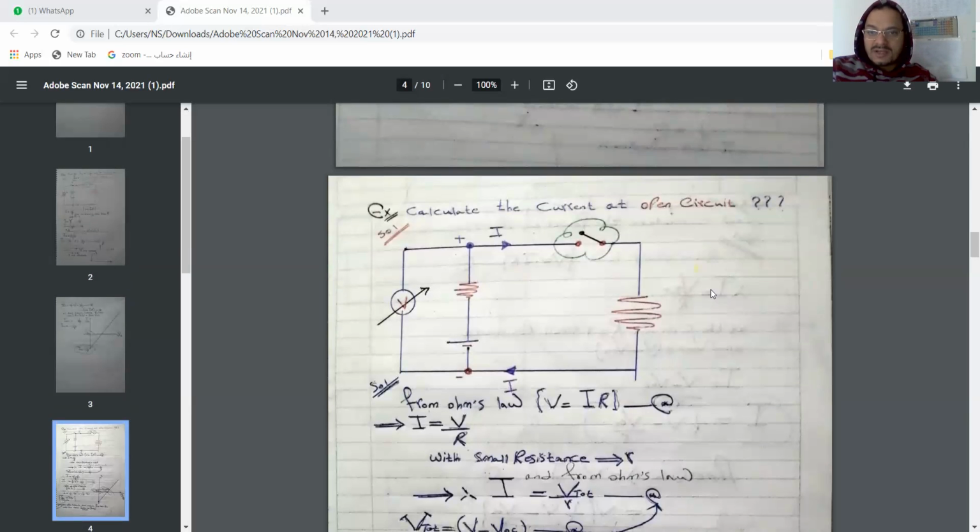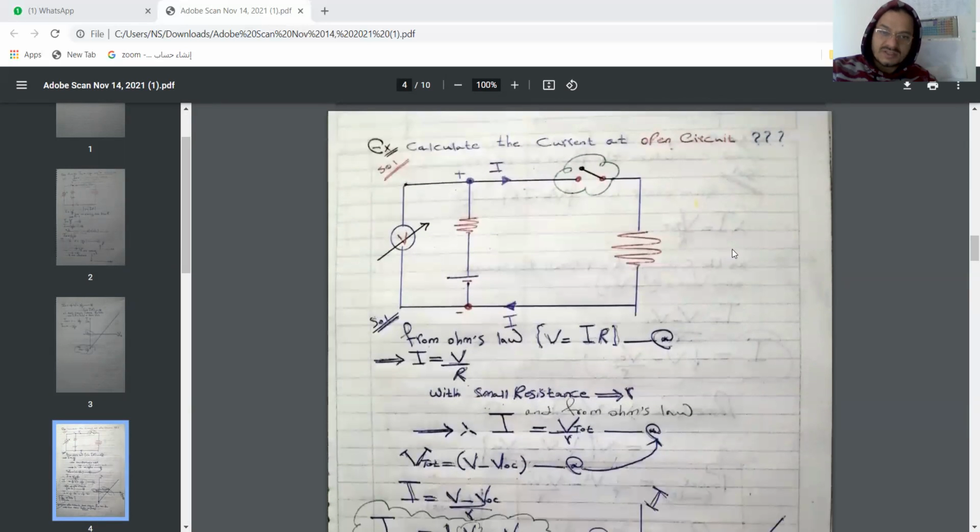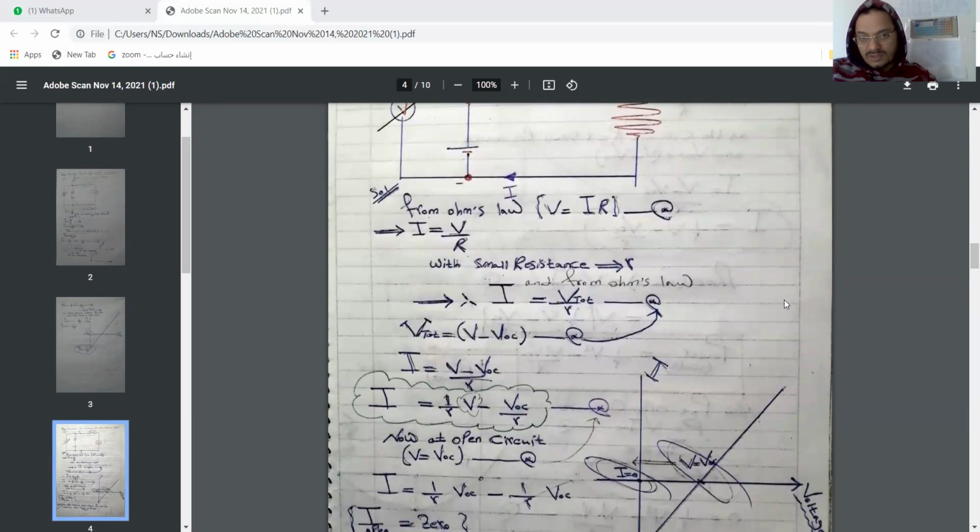Now let's calculate the current at open circuit. The current at open circuit, from Ohm's law, V equals IR, so I equals V divided by R. Here small resistance, V total, V equals V minus VOC.